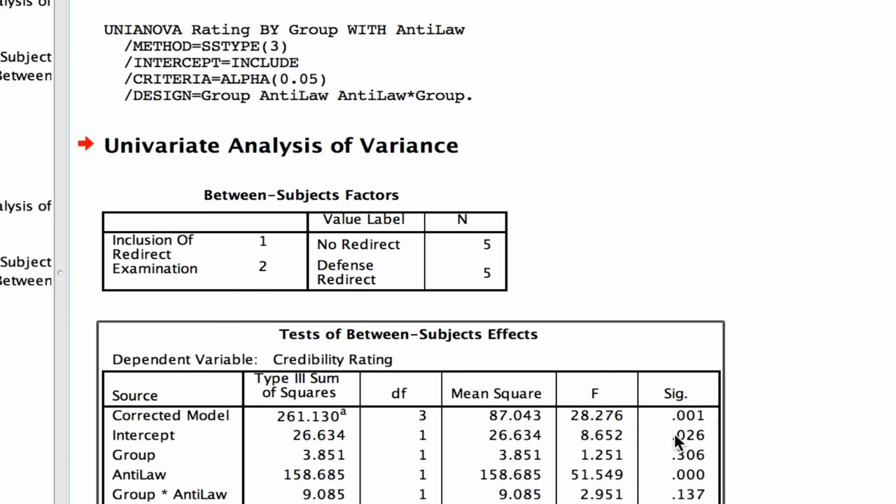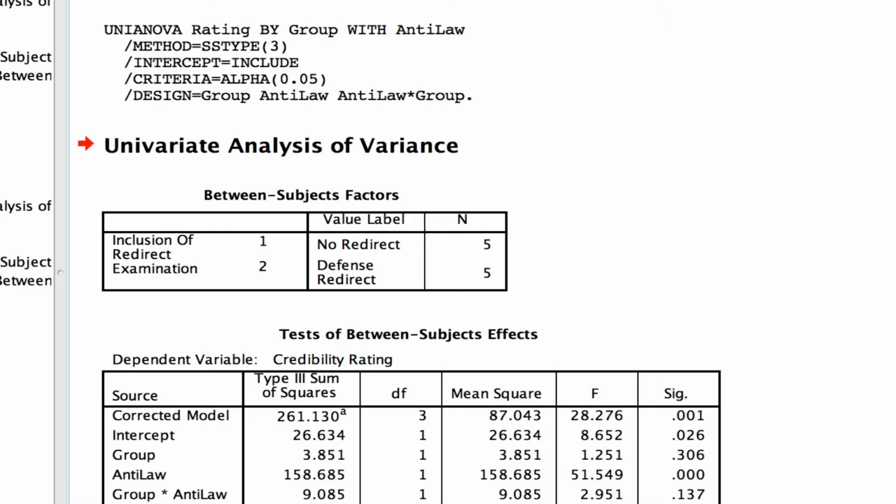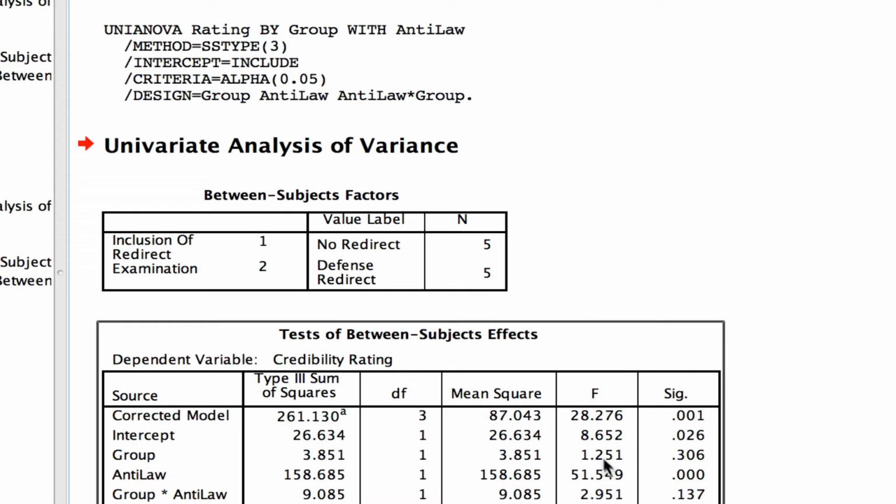and hit OK. As was borne out by the graphs, we get a p-value here of 0.137. That's a lot bigger than 0.05, and so it's a non-significant effect.